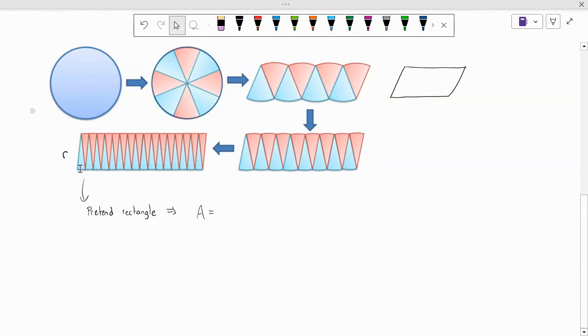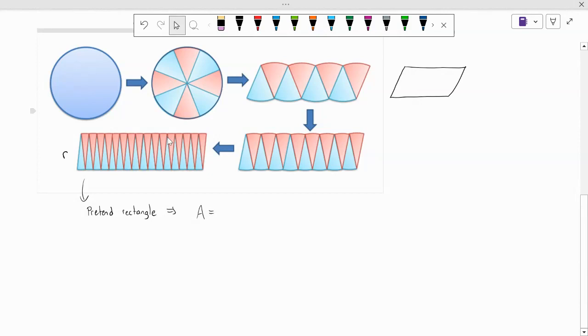And then the base, or the width, of the rectangle would be equal to... So here, notice that the base of the rectangle is formed by all of the blue pieces, which is half of the circle. If you add up the lengths of these segments from all the blue pieces, that should give you a rough idea of the length of the bottom.